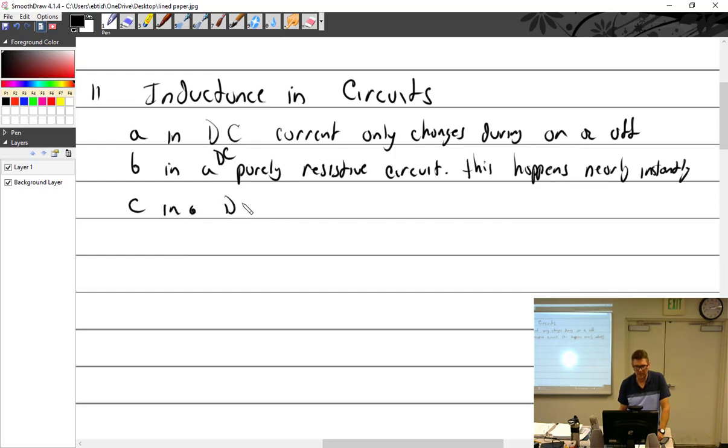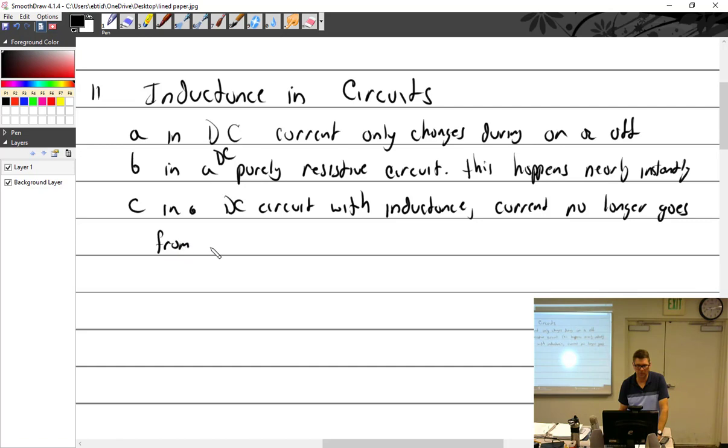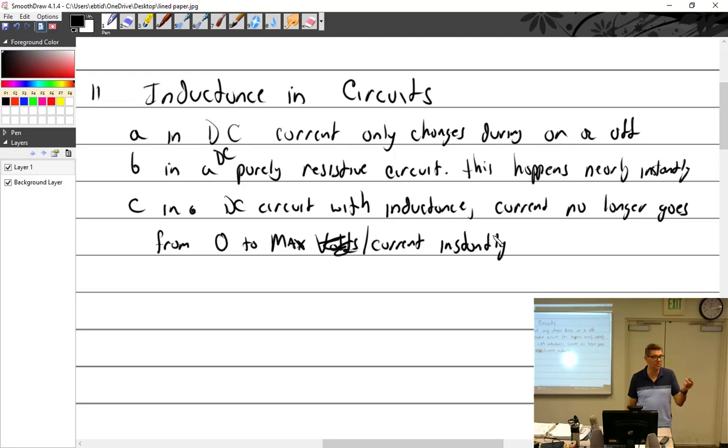So in a DC circuit with inductance, current no longer goes from 0 to max current instantly, as it did with just resistors.